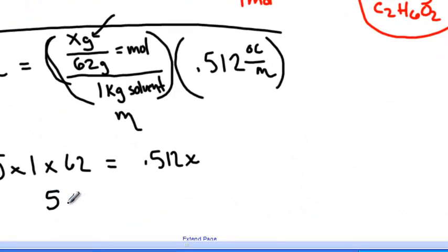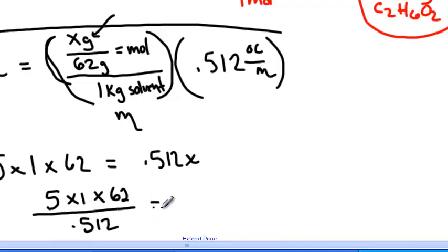Pulling out x, 5 times 1 times 62, divide by 0.512, and you've got x. Prove it to yourself and hit it. You're going to find the same answer for the mass of the solute, 605.74 grams.